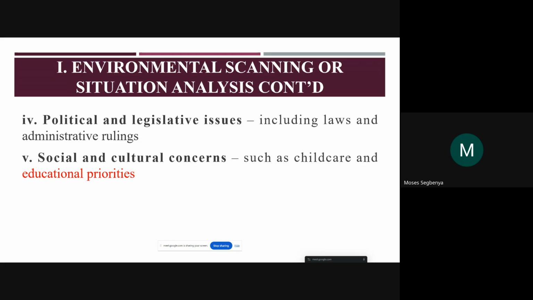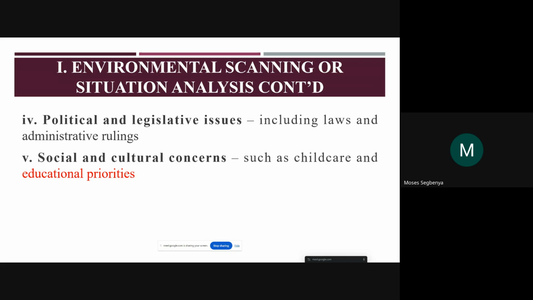The taste and the preference of the population or the community where you are situated must be monitored. If it is changing, you must find a way of meeting their tastes and preferences. If not, they will leave your school and go to a far school that can provide their needs or the differences in their taste and preferences.